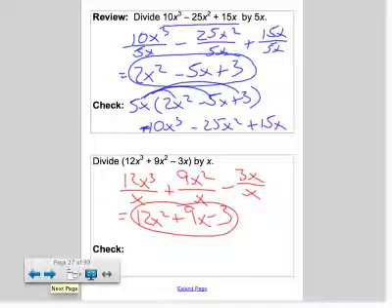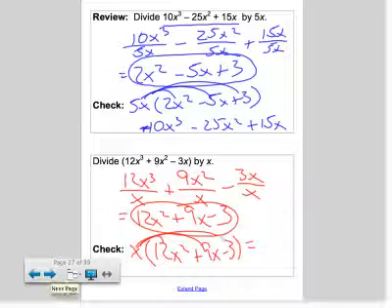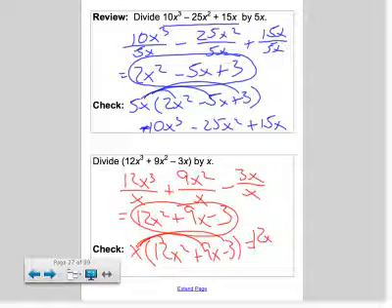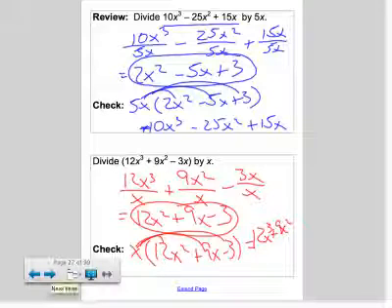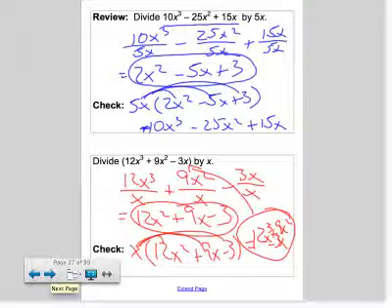And again, just to verify that we got that correctly, we're going to do x times our answer. So I distribute this guy to every single term inside, and you're going to end up at 12x to the third plus 9x squared minus 3x. So again, this guy is the same as that guy, and so we know that we did our calculations correctly here.